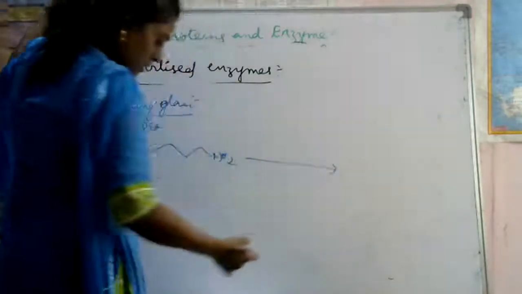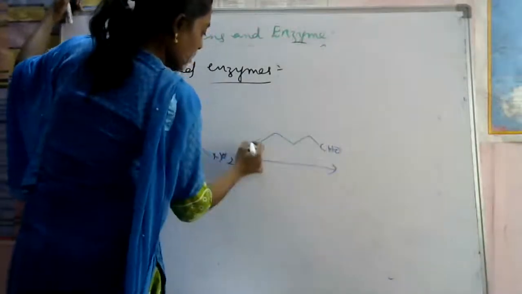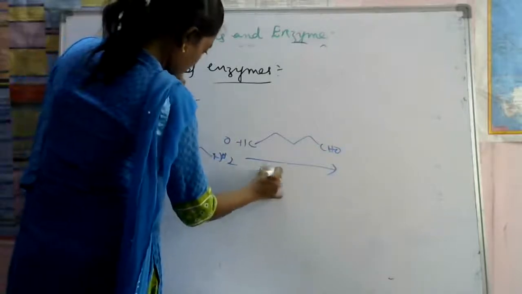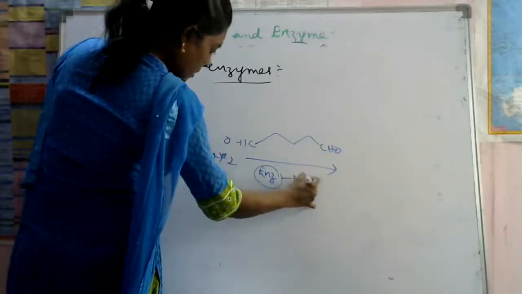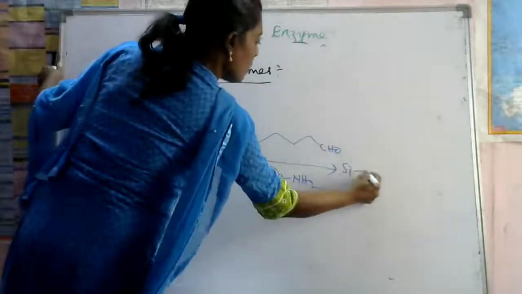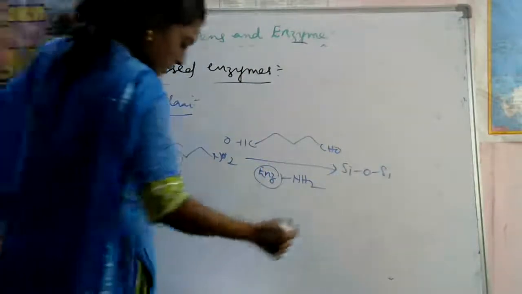Here we are using CHO, and the enzyme has an NH2 group.